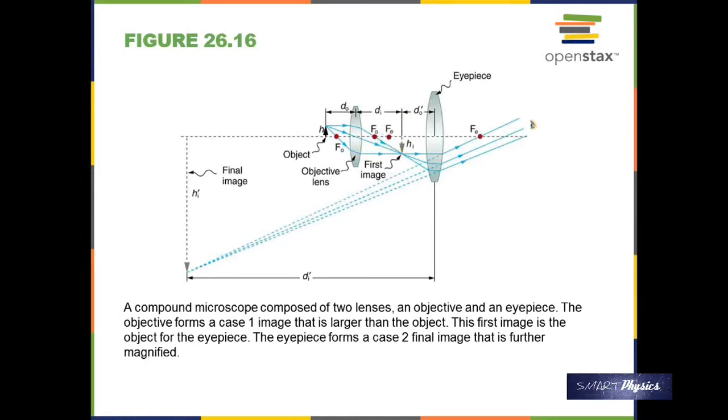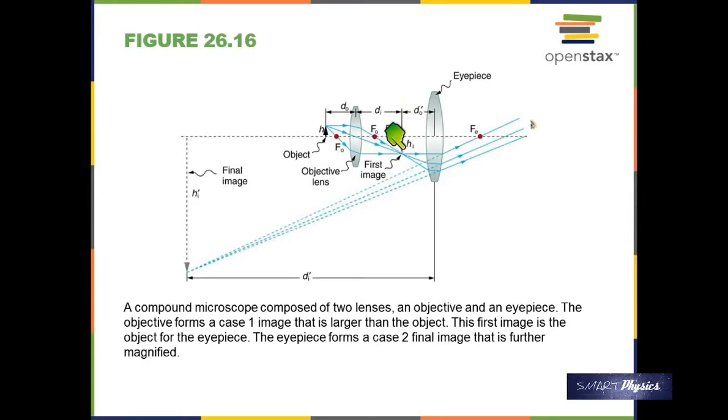And this image is going to act as the object for the eyepiece. I'll say that again. The image produced by the objective is going to act as the object for the eyepiece. And since it's inside the focal point, what kind of image will you get? Will you get real or virtual?